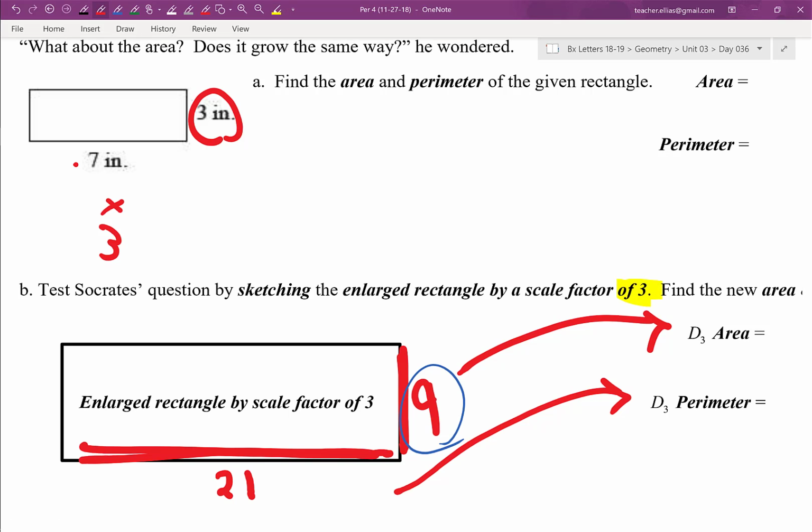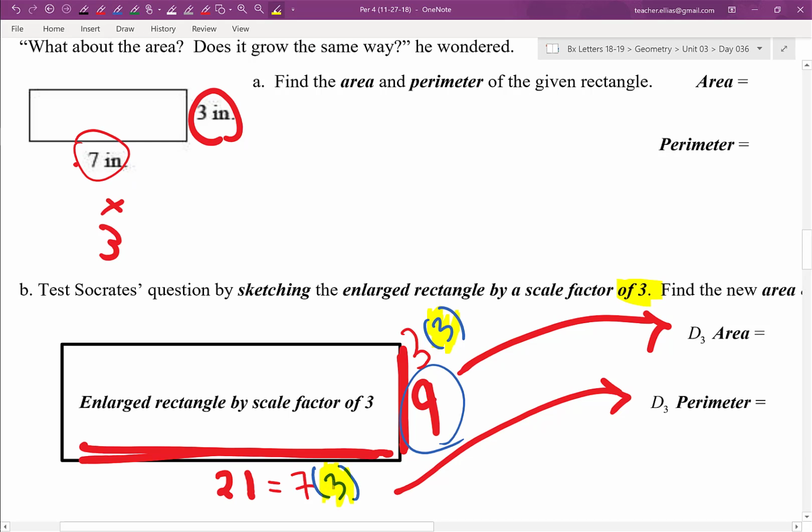So the original was 3, and what was your scale factor? Okay, where did that 21 come from? Yeah, the original times what? And what's 3 represent? So there. That's going to help you.